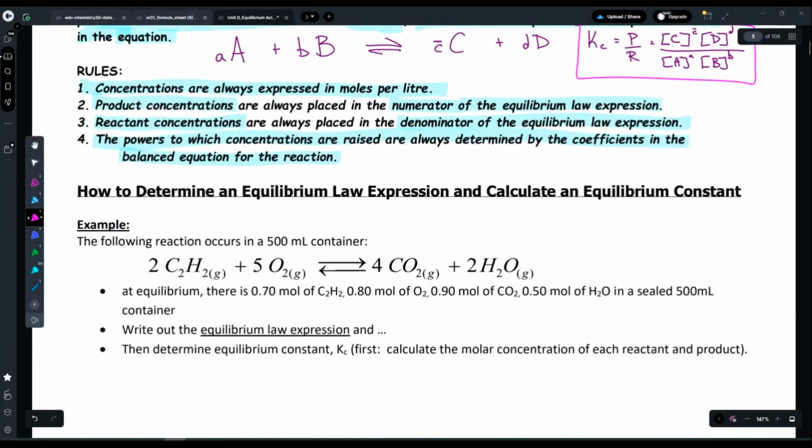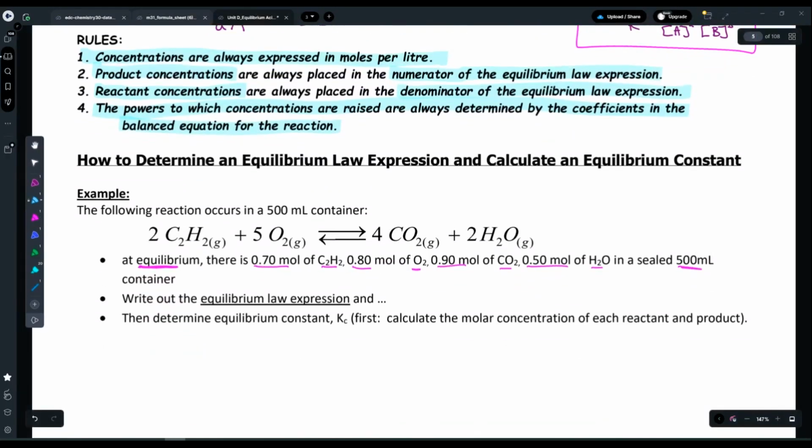At equilibrium, and it's super important that you take equilibrium values to create an equilibrium law expression, there's 0.7 moles of ethyne, 0.8 moles of oxygen, 0.9 moles of carbon dioxide, and 0.5 moles of water vapor in a sealed 500 milliliter container. We need to write out the equilibrium law expression and then determine the equilibrium constant, Kc.